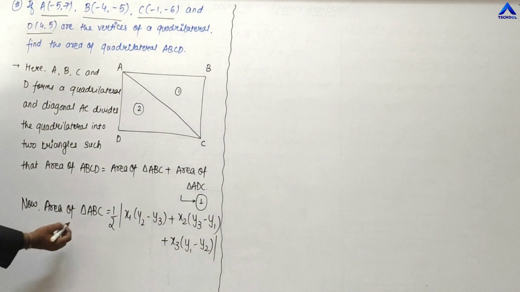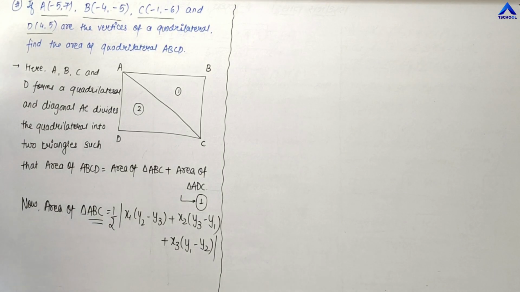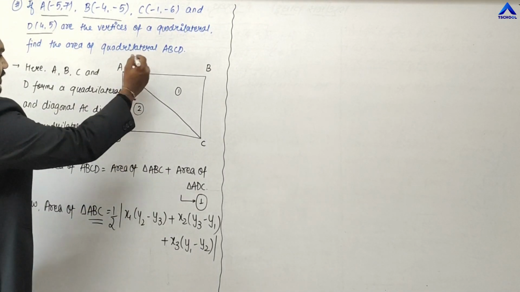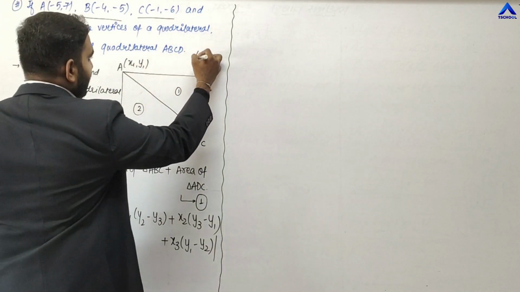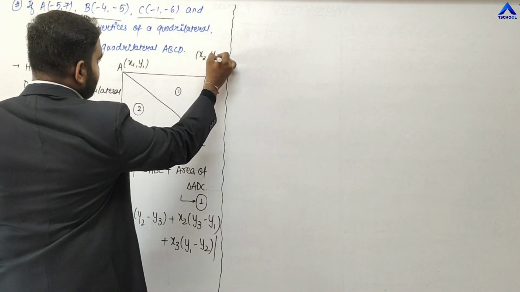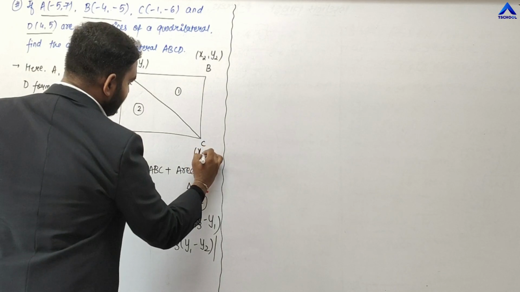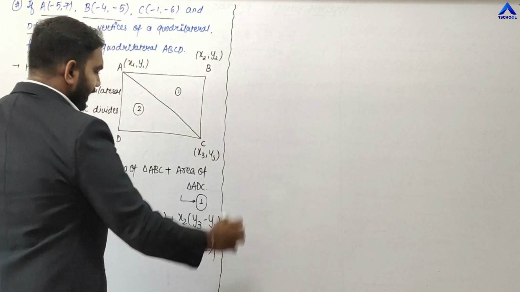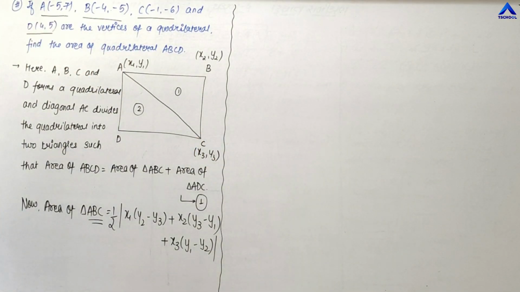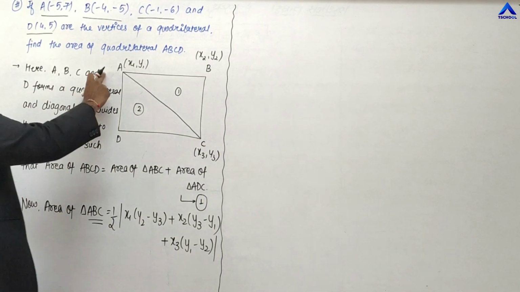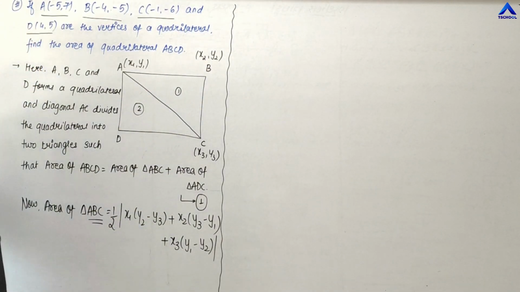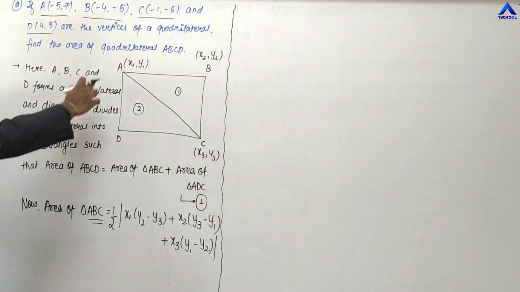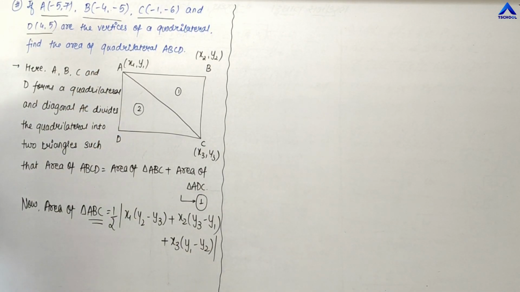So as we need to find out the area of triangle ABC, we will take A as x1 y1, we will take B as x2 y2, we will take C as x3 y3. Is it clear? So we shall take these two, A and C, fixed as x1 y1 and x3 y3, and in triangle ABC we will take B as x2 y2, whereas in triangle ADC we will take D as x2 y2.